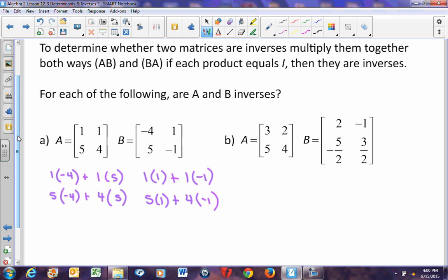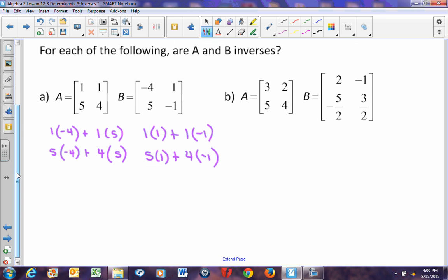Okay, so if we work this out, here we have negative 4 plus 5, negative 20 plus 20, 1 plus negative 1, and 5 plus negative 4.